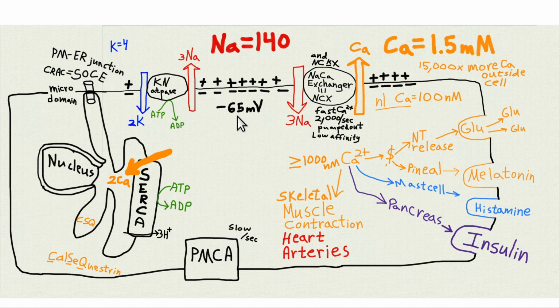So it's more negative inside. Like a typical cytoplasmic electrical potential would be negative 65 millivolts. And the reason to have that electrical gradient is that it can be used to perform work. It's like having a battery. When the circuit's closed, you can perform work. It also is dependent on what are called chemical gradients. There's a lot more sodium outside the cell than inside the cell.